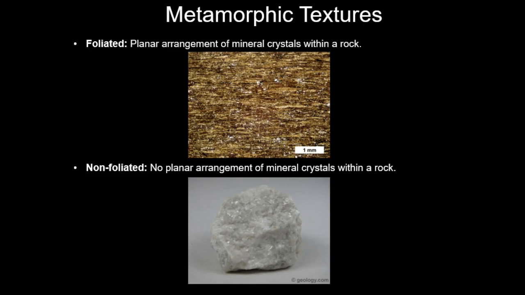So those metamorphic rocks that do not exhibit foliation are typically just named non-foliated textures. In this case, the rocks will not have a planar arrangement of those mineral crystals, but they will be rather random and disorganized.